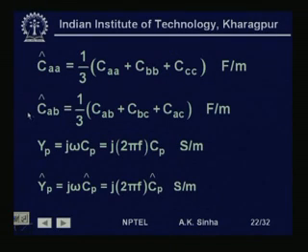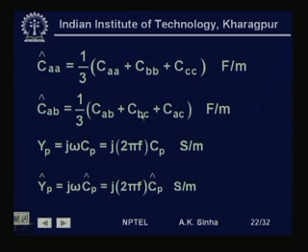Similarly, C_ab hat, which will be equal to C_bc and C_ac for the transposed line, will be equal to 1/3 of C_ab plus C_bc plus C_ac, that is the average value of the capacitance between the phases AB, BC and CA.